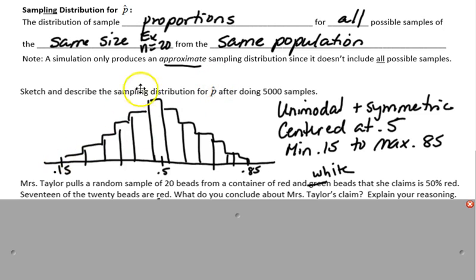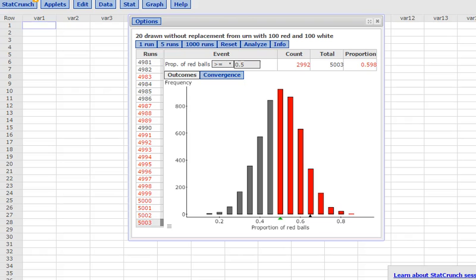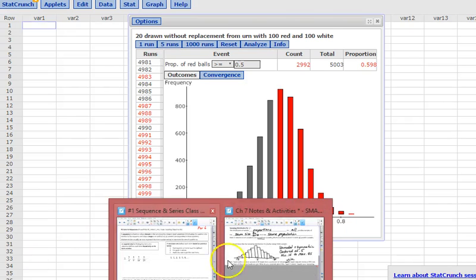So here was my distribution, in a rough sketch. We notice it's centered at 0.5, which is the true population proportion. It's actually centered slightly less than 0.5, but very, very close, 0.50006, or maybe just 0.5.